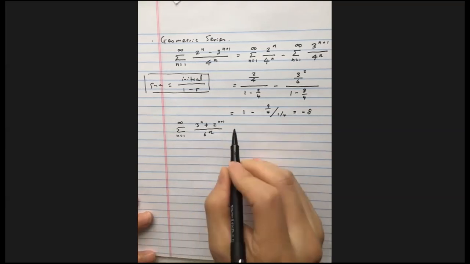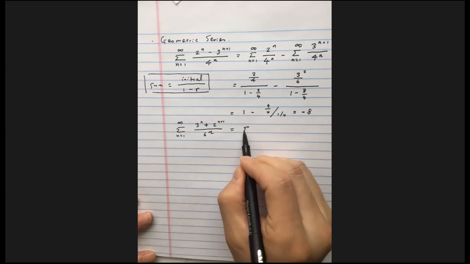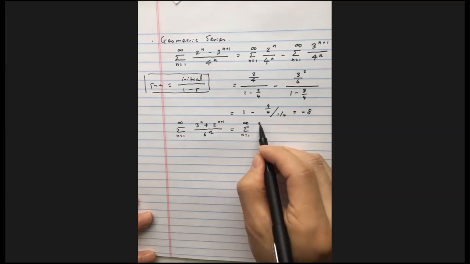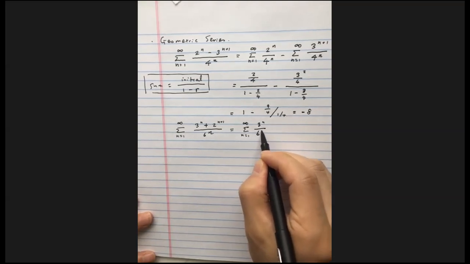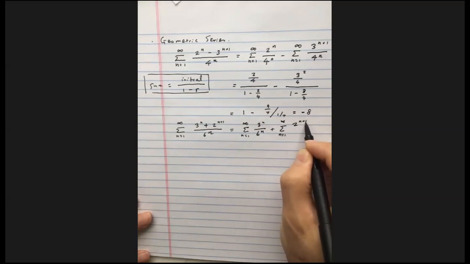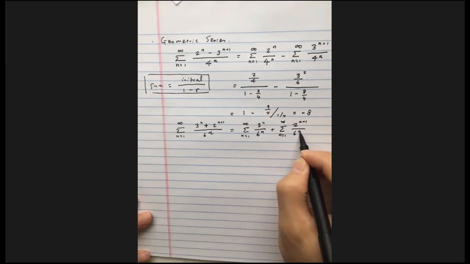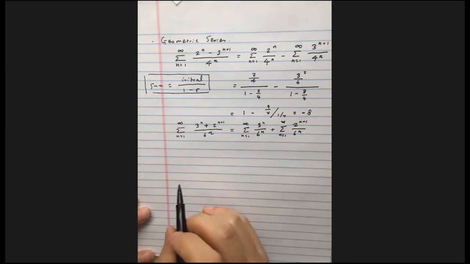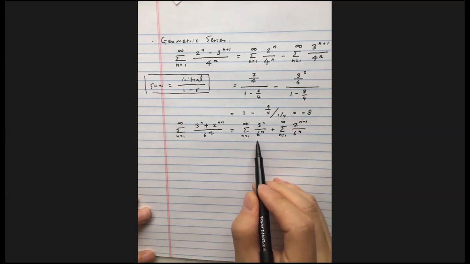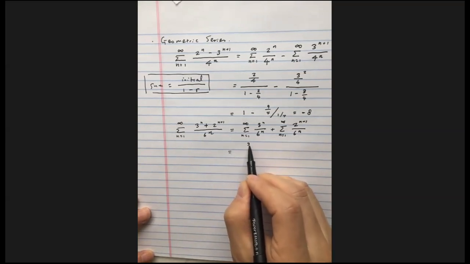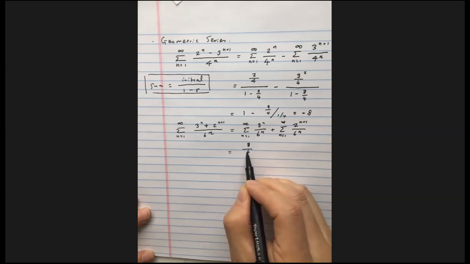So the right way to do this is to sum n equals 1 to infinity of 3 to the n over 6 to the n, plus the summation n equals 1 to infinity of 2 to the n plus 1 over 6 to the n. And then you should be able to recognize what the R value is in each case. This will be a very simple application of the previous formula.